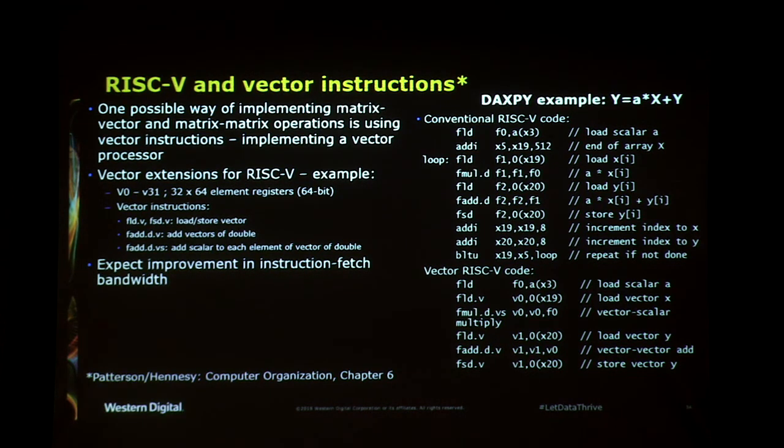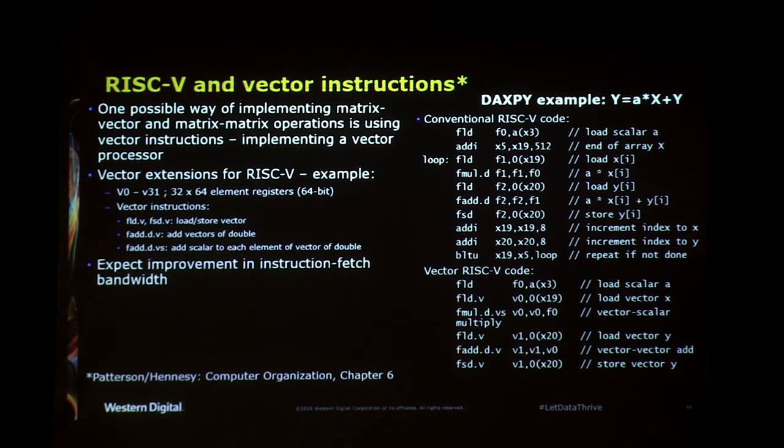If you have to do a DAXPY operation, which is vector x multiplied by scalar a and adding vector y, if you don't have vector instructions, your conventional RISC-V code will require a loop, and you'll have to go through array x and multiply each element of this array with a scalar and add it to y. And you will have to go through this loop as many times as you have the width of your array.